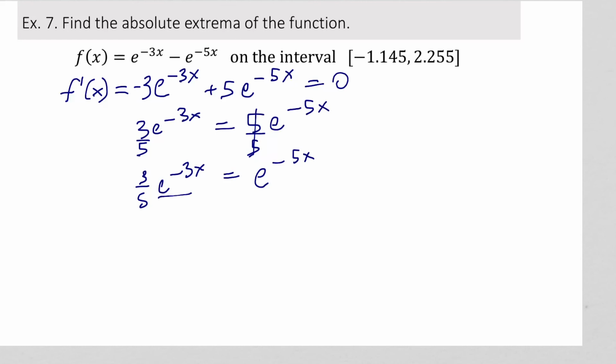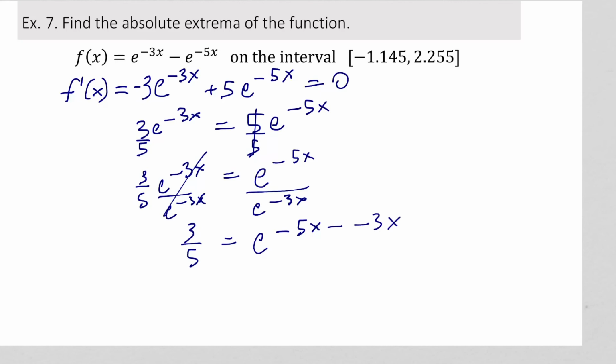And let's get this e over to this side here. 3/5 is equal to e to the minus 5x minus negative 3x, using what I know about simplifying expressions containing exponents.